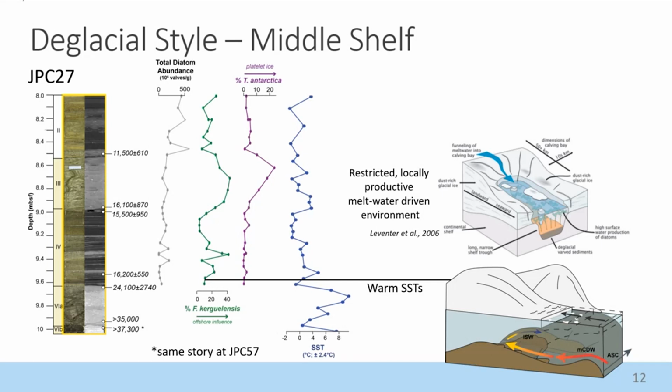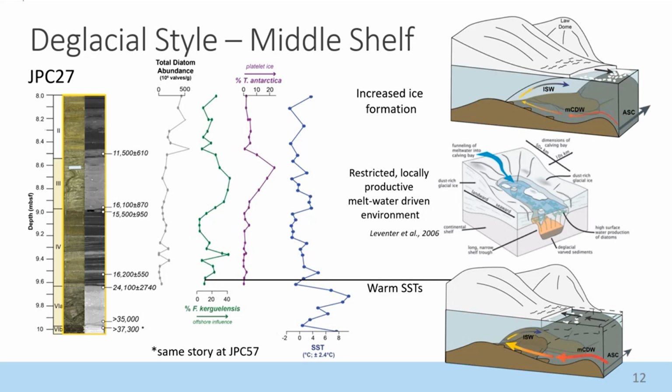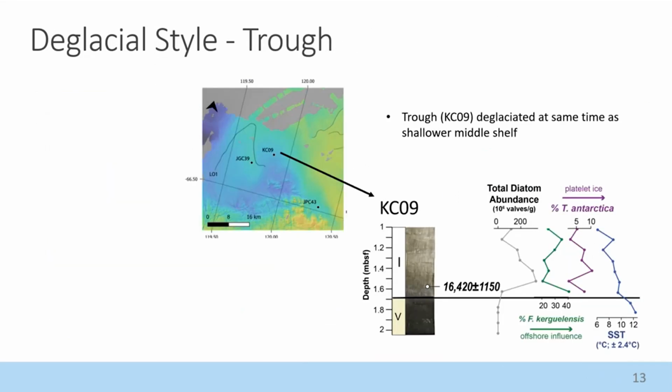And these get caused by meltwater coming from the glacier. They're super rich in nutrients, so they fuel these blooms. And then we get this bioturbated diatom mud unit. And in this unit, we see an increase in the T. antarctica, suggesting that there is some ice readvance at this time.